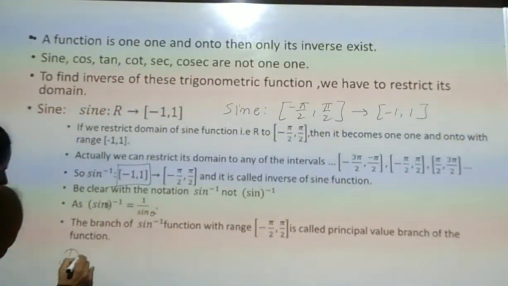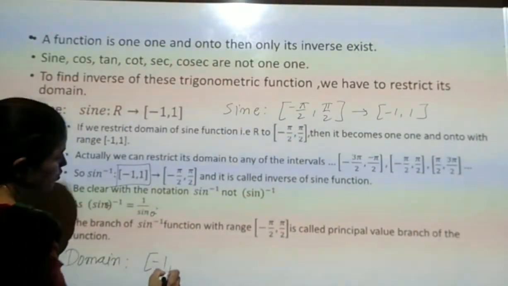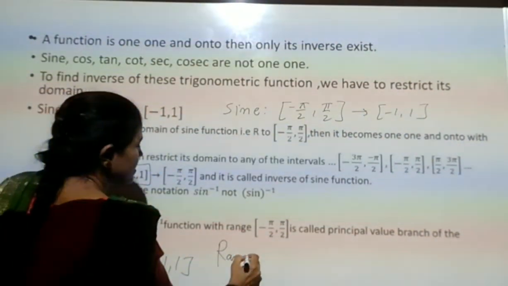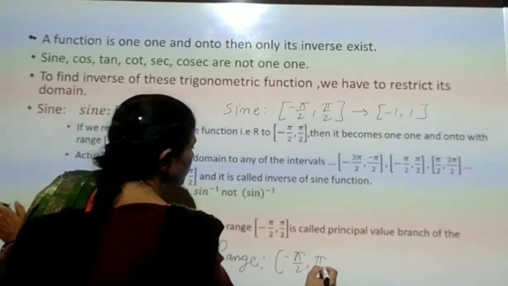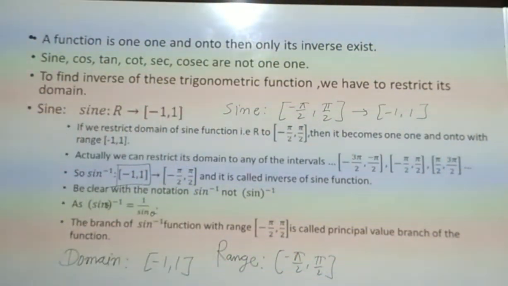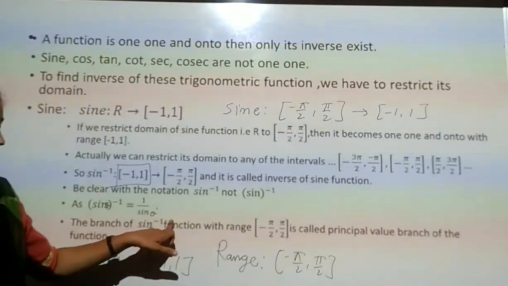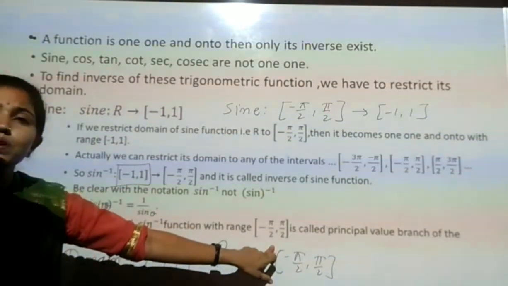Here the domain is -1 to 1, and the range is minus pi by 2 to plus pi by 2. Now the principal value branch of the inverse function is the branch of the sine inverse function with the range minus pi by 2 to plus pi by 2.